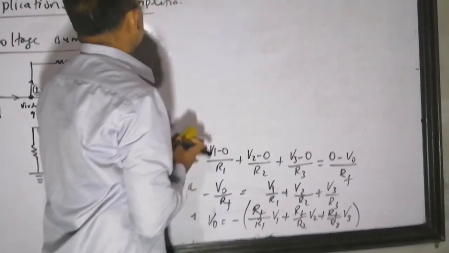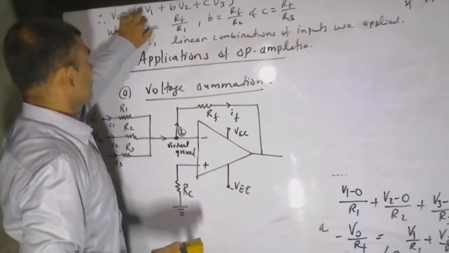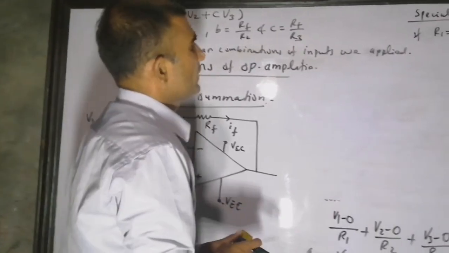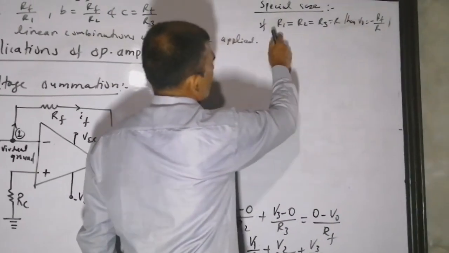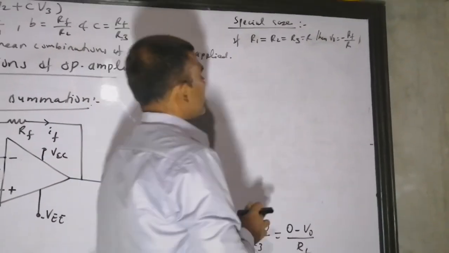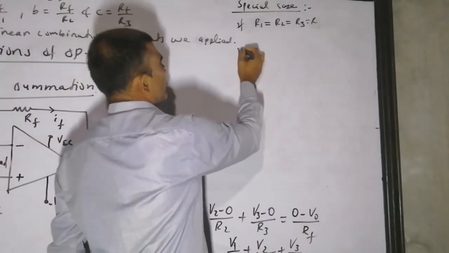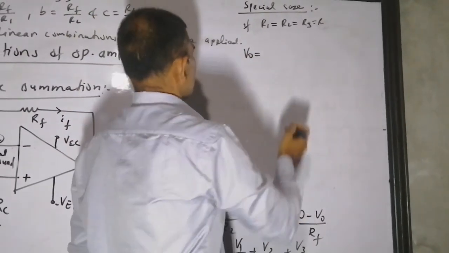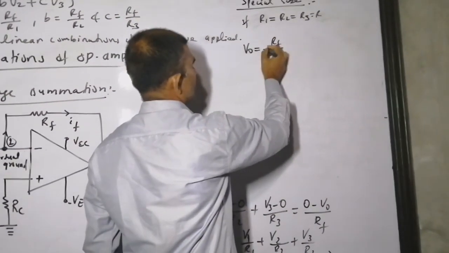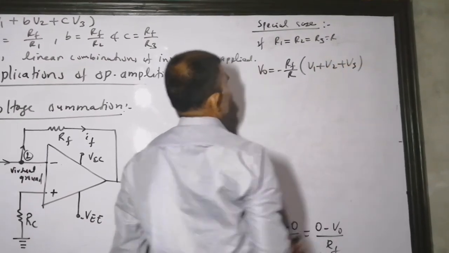Okay, up to now what I told is that we got the output, which is a multiple of the different inputs. And if I take the special case where R1, R2 and R3 are all equal, which I suppose as R, then I get Vout. Vout will be equal to, since all of them are equal, I can take RF by R as common, and I get here V1 plus V2 plus V3.